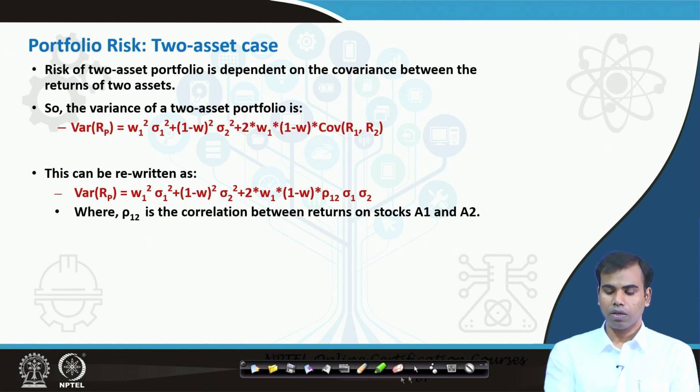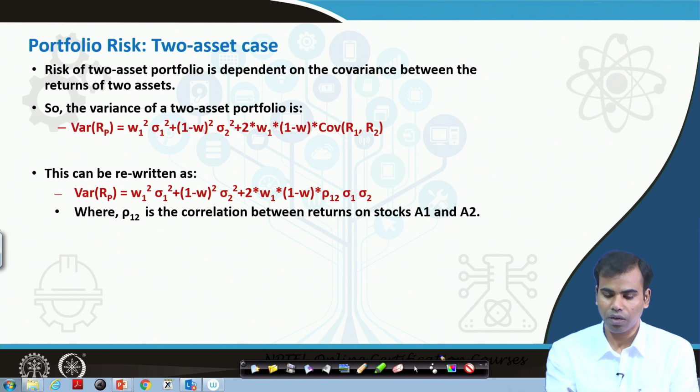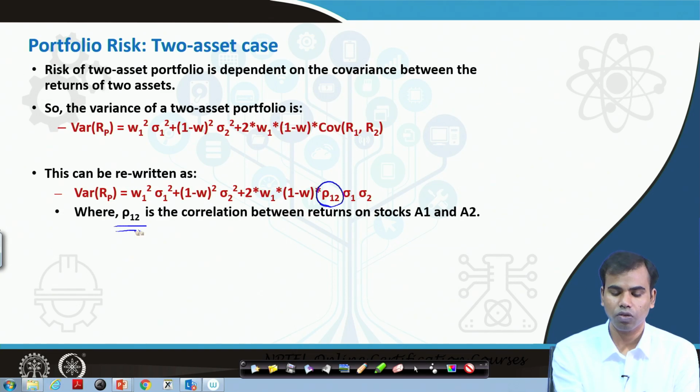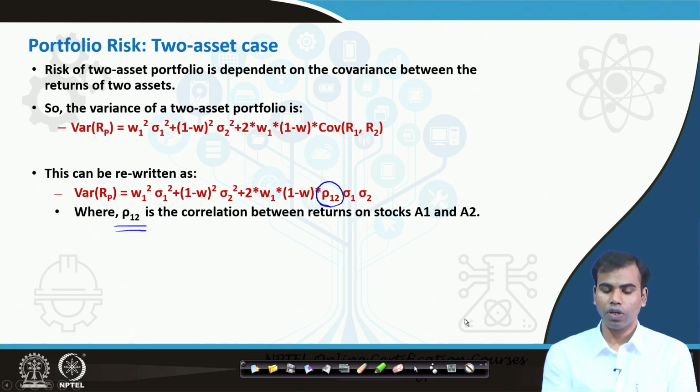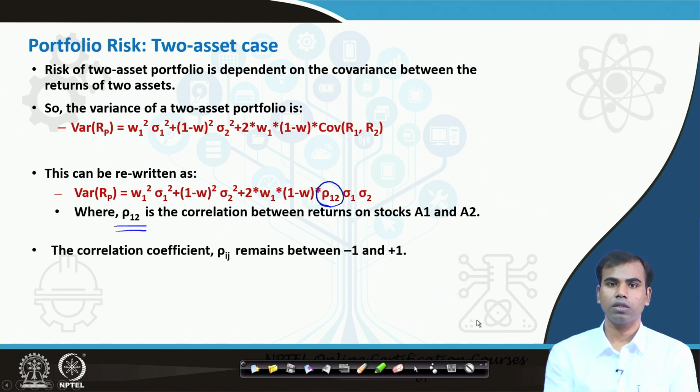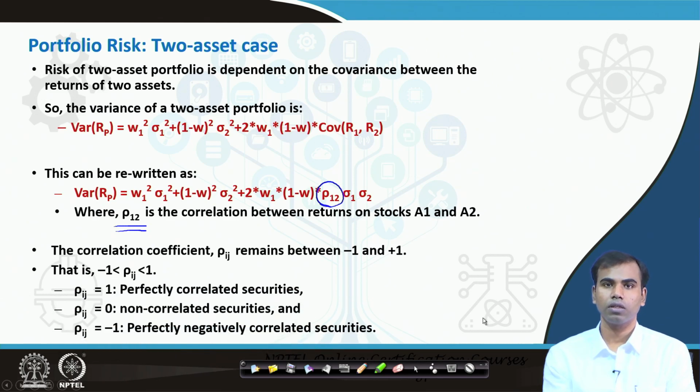If you see, the factor that we have here is in terms of rho, which is basically the correlation between return on asset A1 and asset A2, and that is where we can use this correlation, or the relationship between two assets A1 and A2, as it spans between -1 to +1, which is basically the two assets being extremely negatively correlated or extremely positively correlated or anything in between.